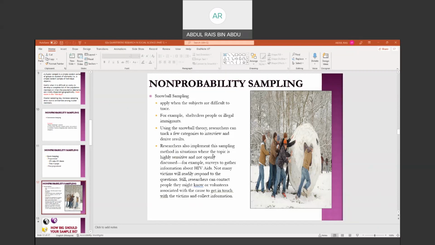Okay. Right. So that is how snowball sampling works. Yeah, if you are doing research, if the subjects is difficult to trace, or the topic involves a high risk, such as criminal activities or smuggling activities. Right?